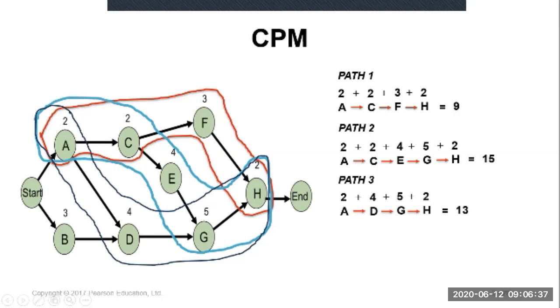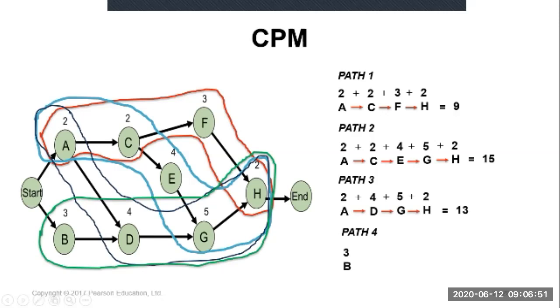Path 4 is B, D, G, H. B 3 weeks plus D 4 weeks plus G 5 weeks plus H 2 weeks equals 14 weeks.